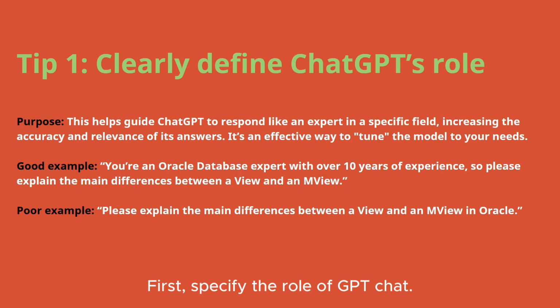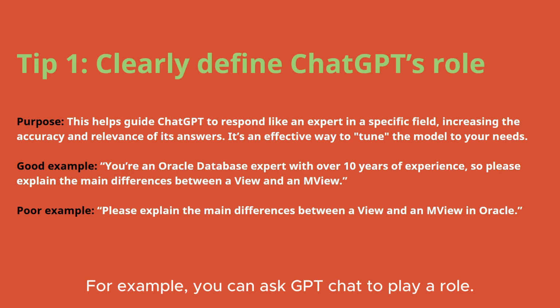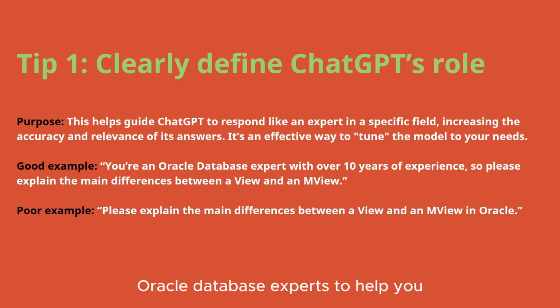First, specify the role of ChatGPT. The purpose of this trick is to let ChatGPT focus on a single subject specialization and avoid being spread thin. For example, you can ask ChatGPT to play the role of an Oracle database expert to help you get something very specific done. This will help ChatGPT avoid rambling.